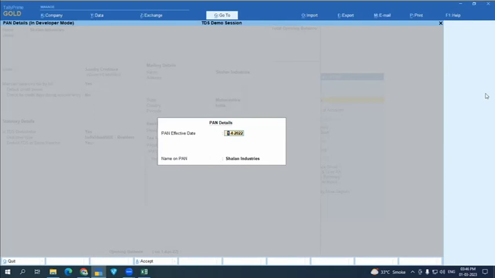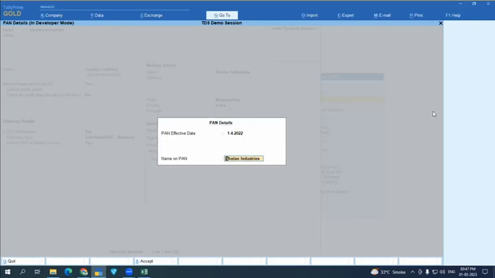Then you have to put here that the party is giving me PAN details from 1st July or whatever date, because till that date it will be deducted at 20% only. After PAN is available, it will be considered for 1% or 2% deduction. So please consider that you have to mention the effective date here.